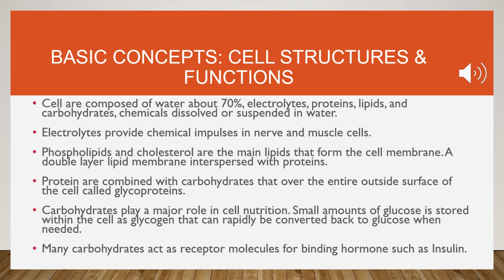A small amount of carbohydrate is stored within the cell as glycogen, which can be rapidly converted back to glucose when needed. Many of the carbohydrates act as receptor molecules for binding hormones, for example, insulin.